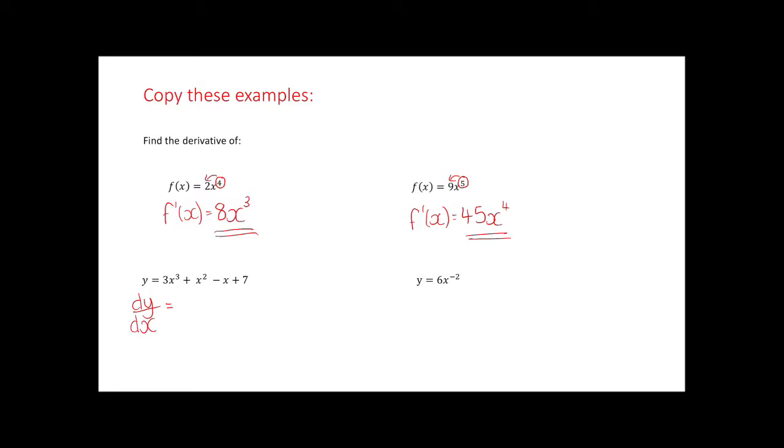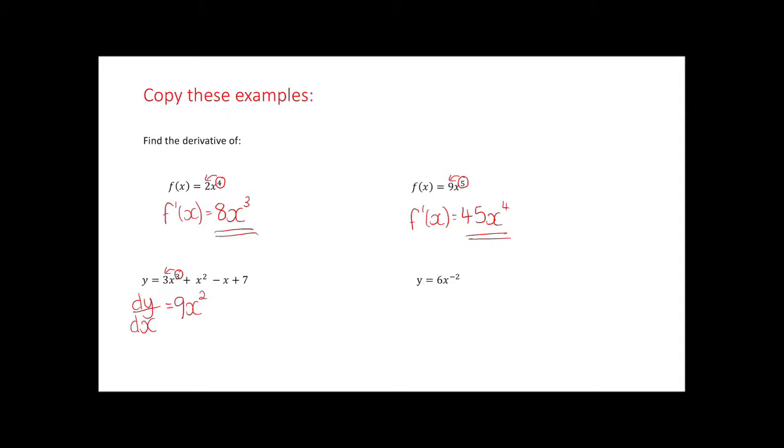Now, comparing this example to the previous examples, you can see that there's more terms in this one. However, you just work through your terms individually and make sure you're using your rule for each part. So, if we've got 3x cubed, the power 3 moves down and multiplies by the coefficient 3. That gives us 9. X stays where it is, and our power of 3 decreases to 2.